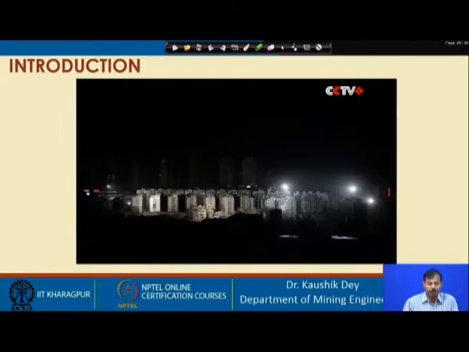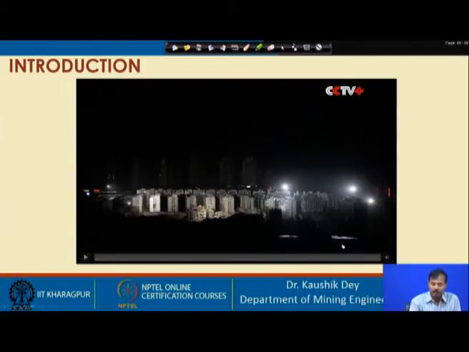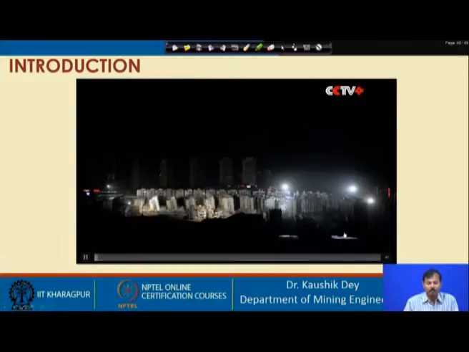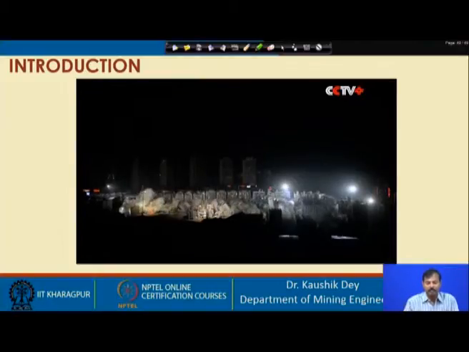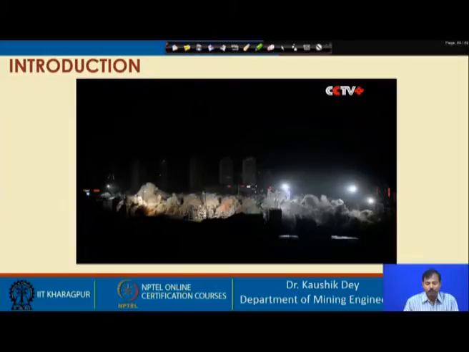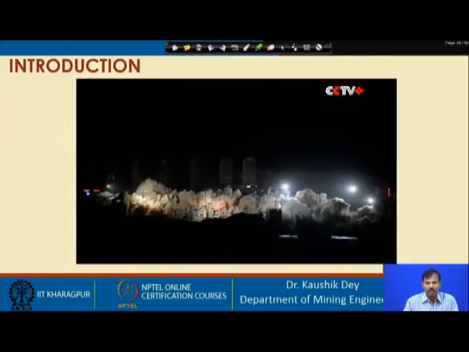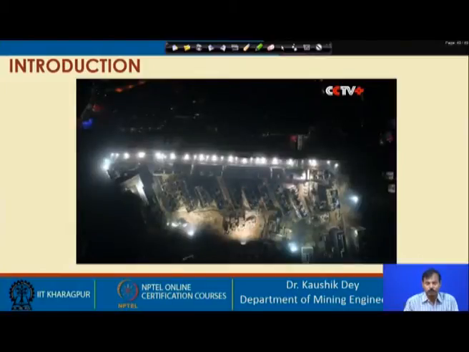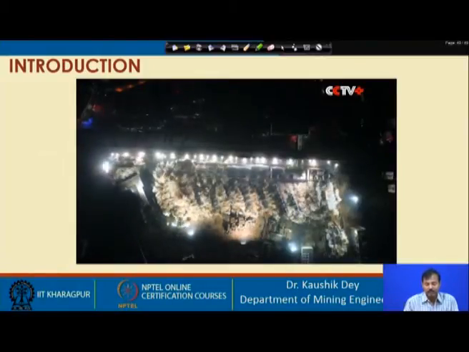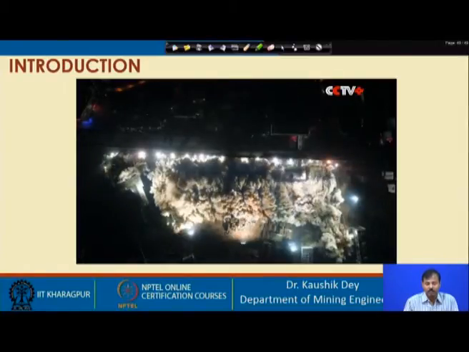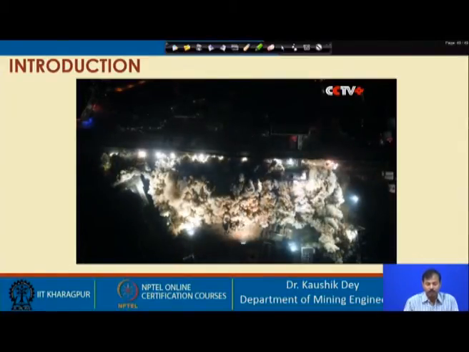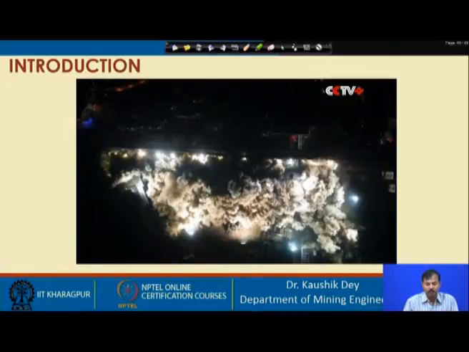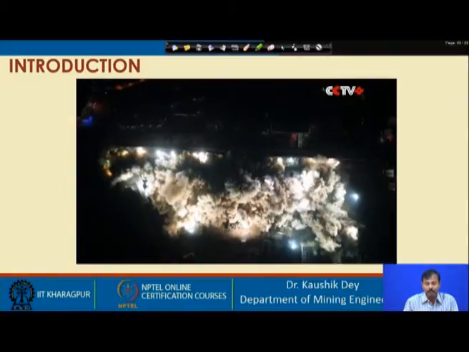the performance of the explosive, but prior to that let us observe this demolition blasting video, which is carried out in a Chinese city, where the complete construction is demolished using the explosive simultaneously. This is the view you can observe, taken from a drone camera from the top, and the blasting is carried out simultaneously.